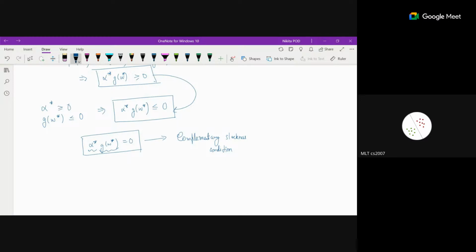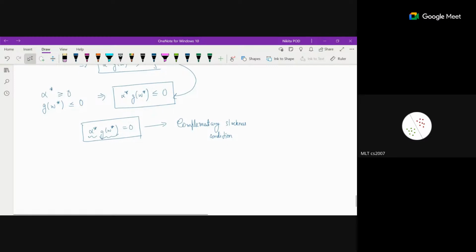If alpha star is greater than 0, then g of w star should be equal to 0. Or if g of w star is less than 0, my alpha star has to be equal to 0. So this condition is called the complementary slackness condition.